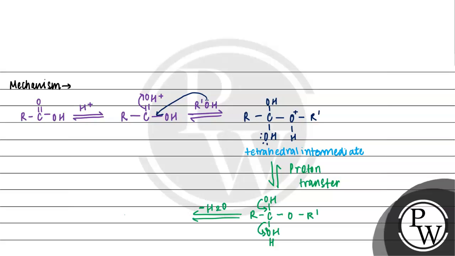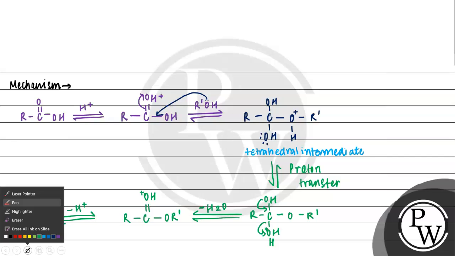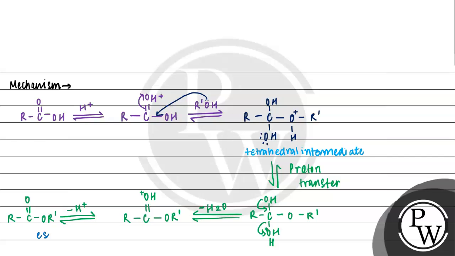So हमारा जो structure निकल के आता है it is RC double bond OH, O पे positive sign and then OR', क्योंकि हमारा H2O is eliminated from the compound. Now the last step is minus H plus ion. Now our H plus ion is also eliminated. तो जो हमारे पास structure रह जाता है it is RC double bond O R'. So this is the structure that is remained and known as ester.